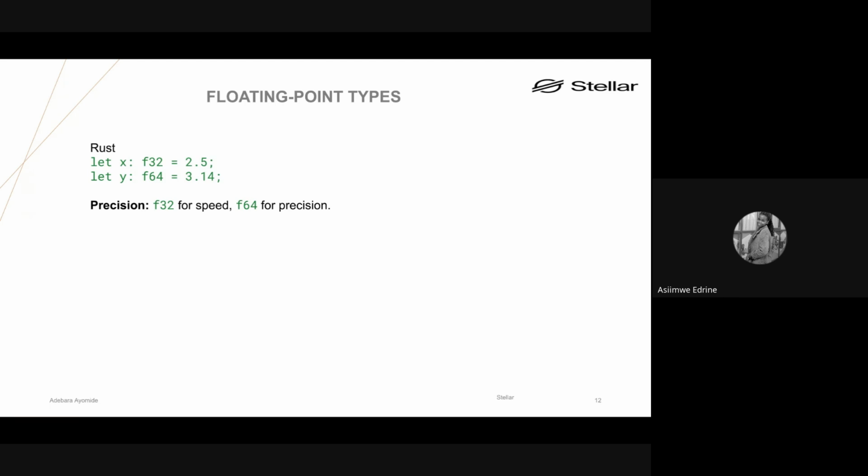Then we went ahead to write a simple Hello World program and studied data types like integers, how to use integers, how to change integers using the mut keyword, and how integers are grouped into unsigned and signed, and they are different.